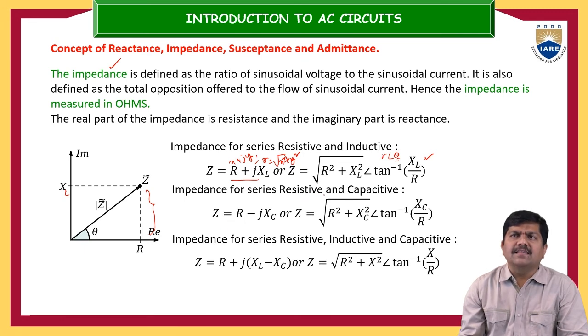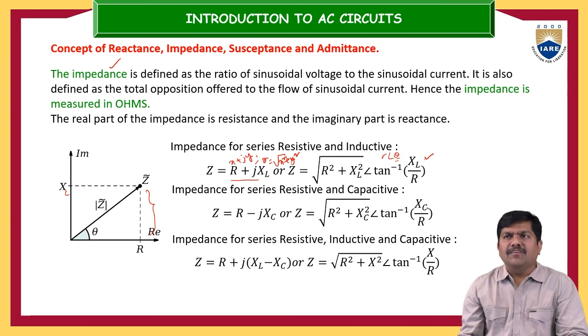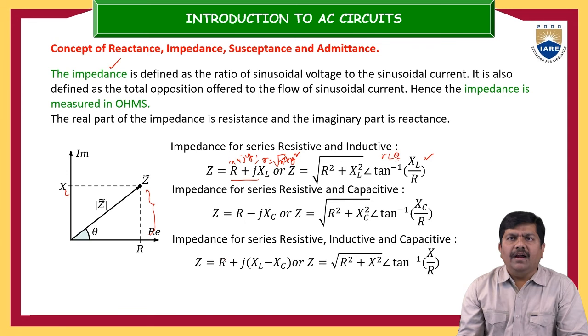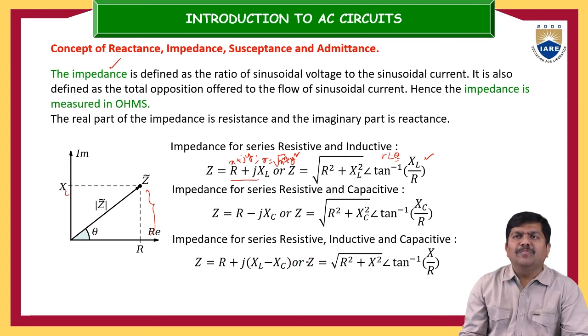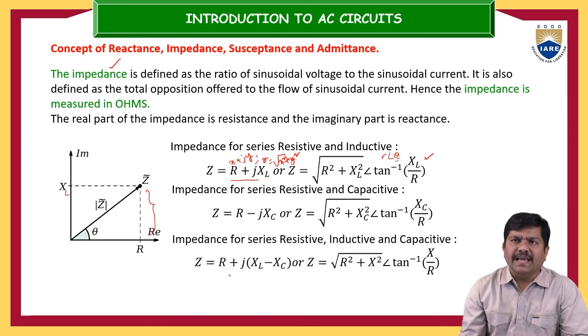Suppose it is a series resistance and capacitance. For the capacitance, Z is R minus jXC. So this is the square root of R square plus XC square, and the phase angle is tan inverse of XC by R. And if all three, resistance, inductance and capacitance, come into the picture, Z is equal to R plus j times XL minus XC, and the impedance is the square root of R square plus X square.